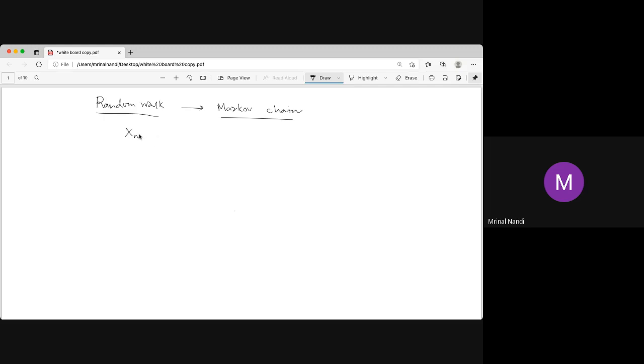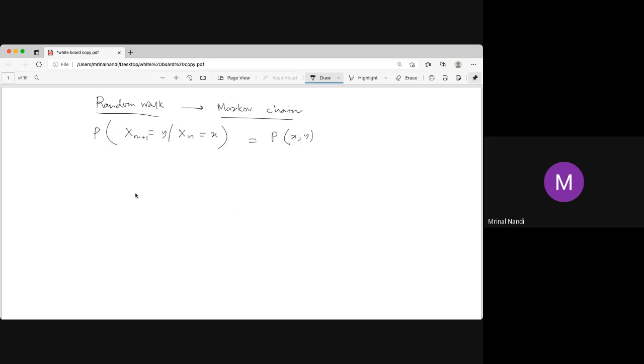This conditional distribution, from x to y, is called the transition probability. If it is a finite state space, then it gives a matrix, which is called the transition matrix.